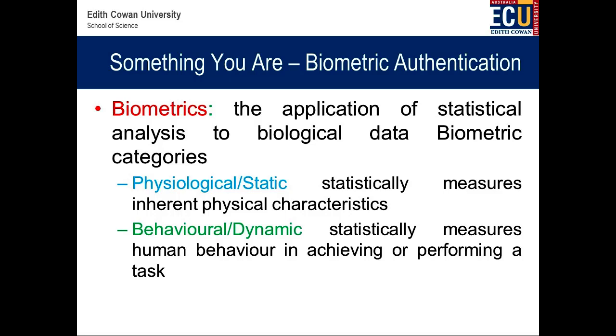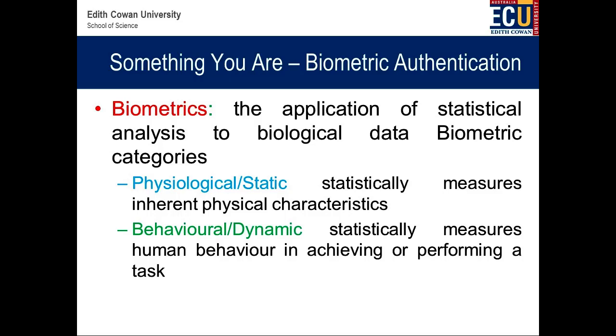So we take that biological data and we perform some statistical analysis on it, and we save those analyses into our database, and then we further use that information as an authentication mechanism. There are two categories of biometrics. One is static and the other one is dynamic. Static measures the inherent physical characteristics, whereas dynamic measures the human behavior in achieving or performing a task.